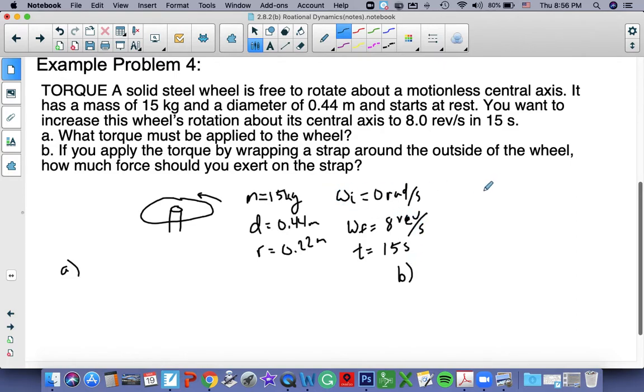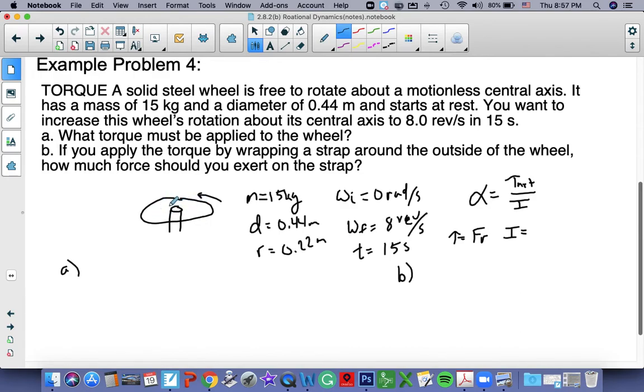So let's write out Newton's second law of rotational motion that we just talked about. Angular acceleration is equal to the net torque divided by the moment of inertia. Okay, and let's write out those equations. So torque is going to be force times a radius. Moment of inertia here, since it's a wheel, it's a cylinder.